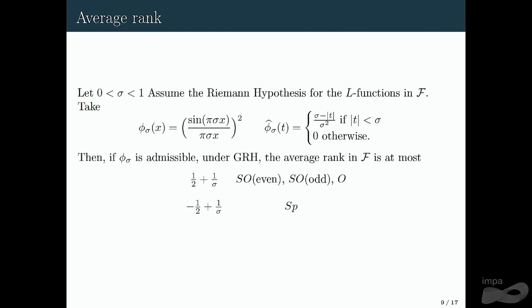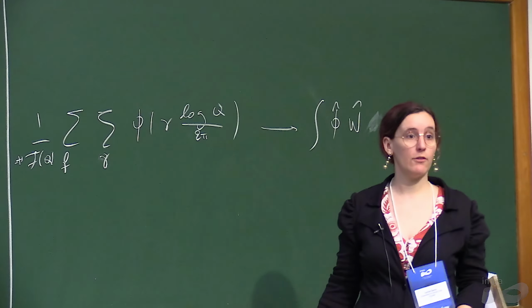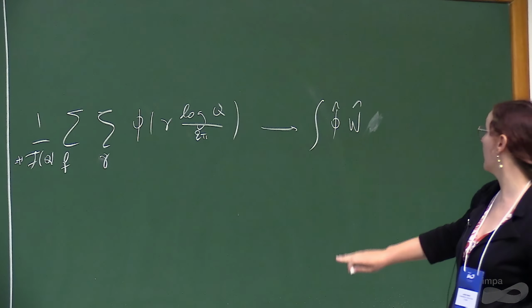If you're able to prove the Katz-Sarnak conjecture for a certain support, say for phi hat supported between minus sigma and sigma, then you can choose whatever you want for phi, say something that has positive value, and then I can say that the average rank is going to be smaller than this, right? 1 over |F_Q|, the sum over f of the order at 1/2 is going to be smaller if phi is, say, 1 at 0 and positive otherwise.